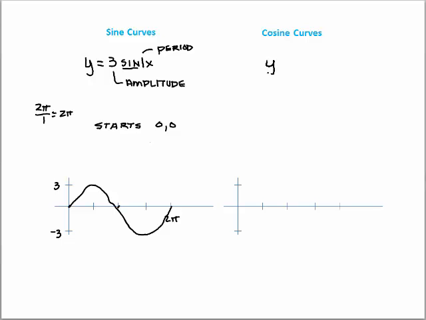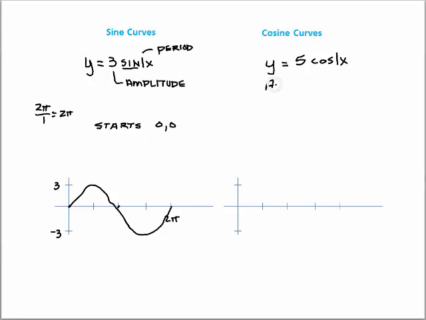We'll put an equation up here. Y equals, let's use 5 this time, 5 cosine, and we'll still use x. So there's no number in front of the x, so we'll just put a 1. Okay.